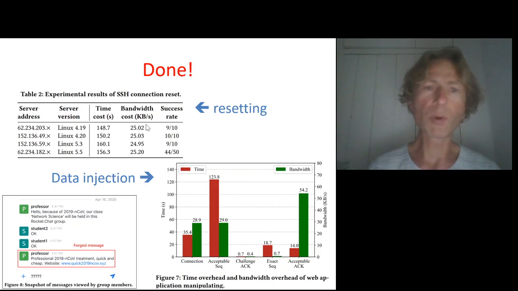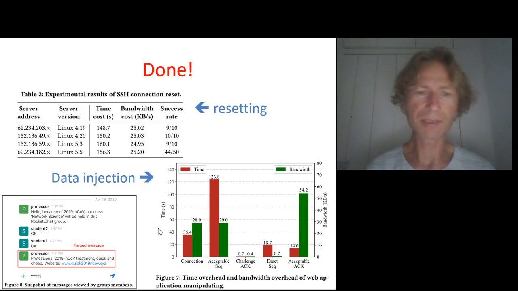Okay. Moreover, what they've done is a kind of cool experiment where they inject data into an existing connection, where there's messages that are viewed by a set of group members, and something is added into this connection. So there's a fake ad that is added into the message.